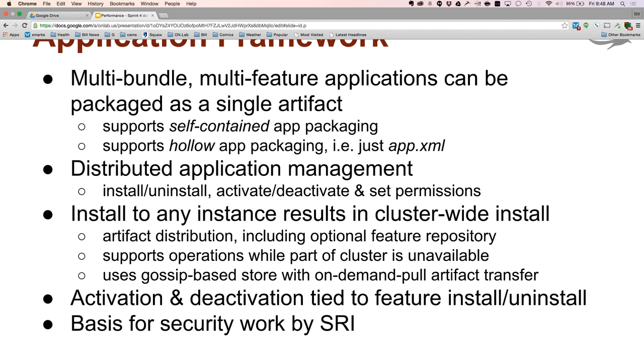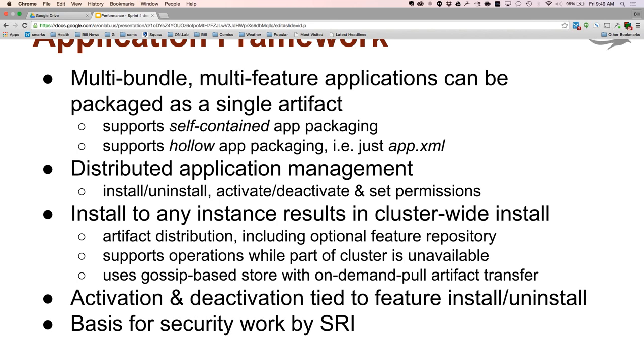This is no longer necessary because one can produce a multi-bundle and multi-feature application as a single artifact, and then upload that artifact to any instance in a cluster, and this will result in a cluster-wide upload. And then one can activate and deactivate the application as a whole using any of the single-instance CLIs, or using REST APIs.